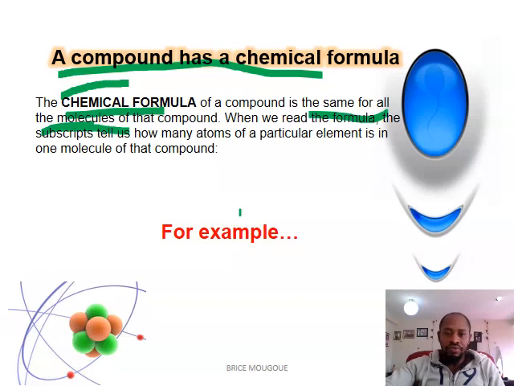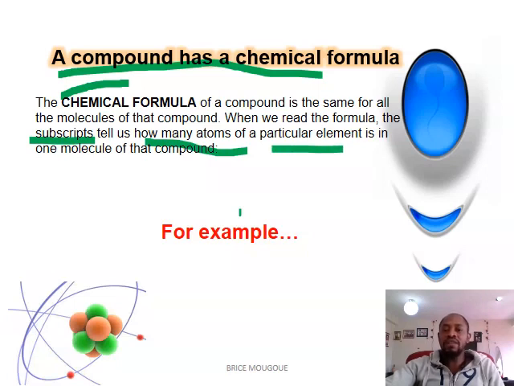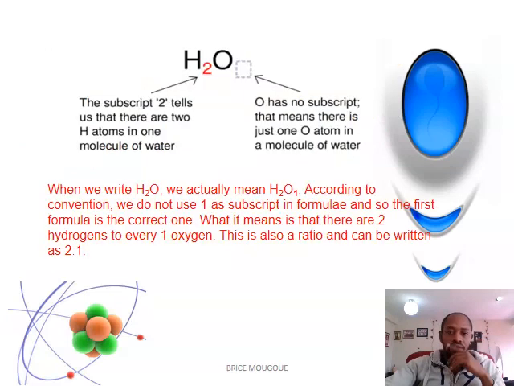So like I explained earlier, we can read the formula of such a compound or a molecule and consider the subscripts, which will tell us how many atoms of a particular element are present in that molecule of that compound. So, like we did with water, for example, with water here, we have 2 elements.